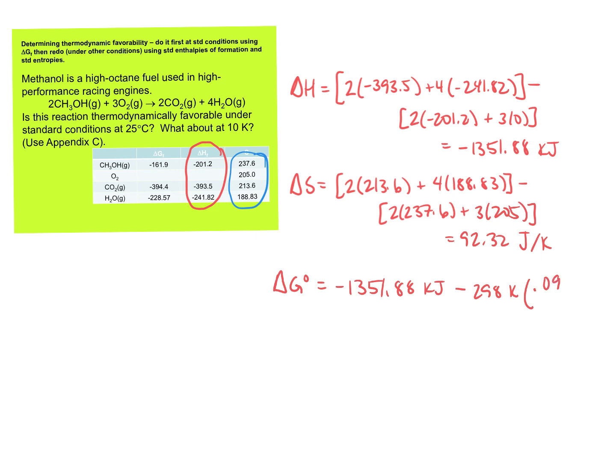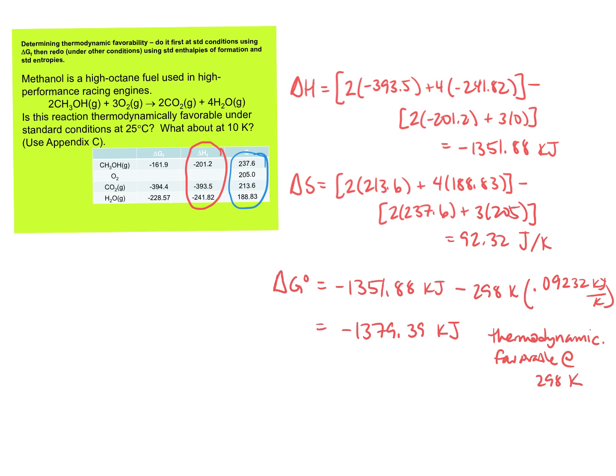So that is 0.09232 kilojoules per Kelvin. And that will give you a value for delta G of negative 1379.39 kilojoules, which indicates that because delta G is negative, the reaction is thermodynamically favorable at 298 Kelvin.